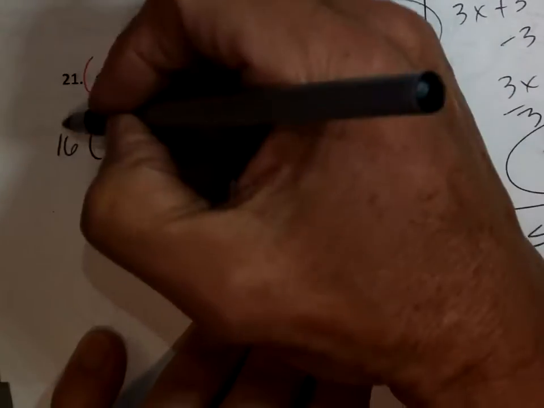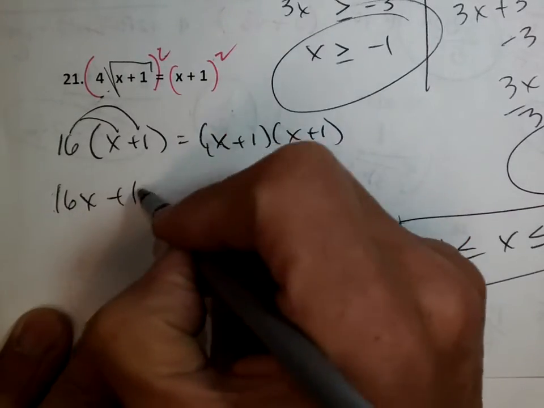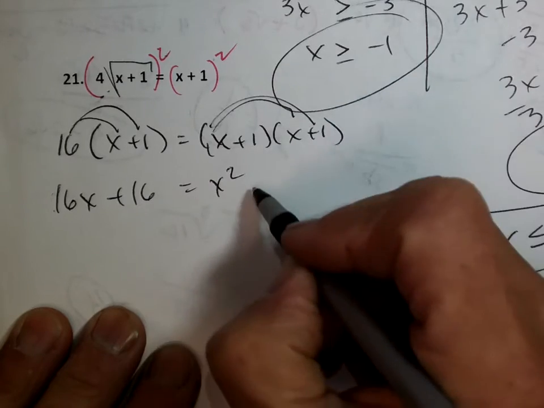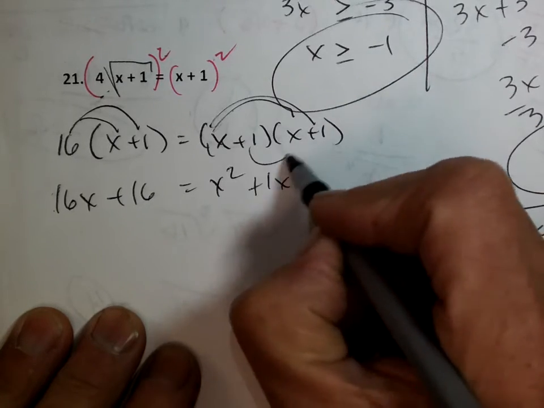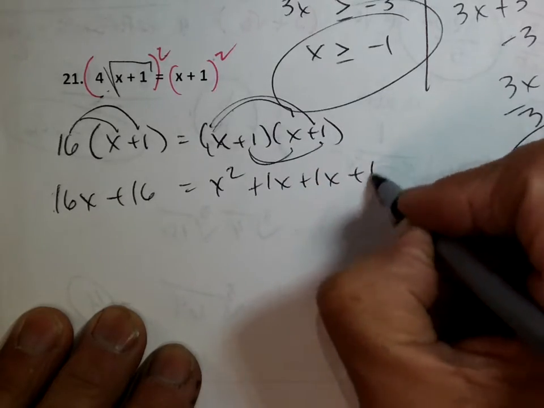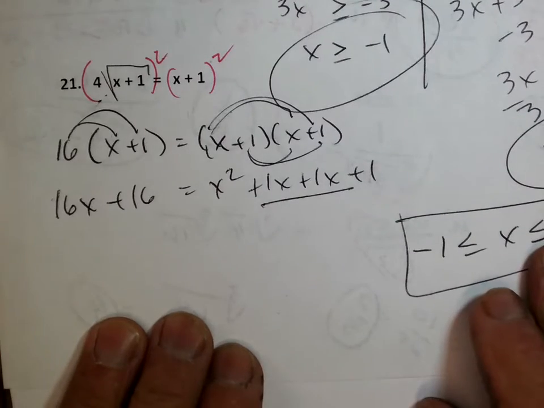I'm going to get a 16x plus a 16 equals x squared plus a 1x plus another 1x plus 1. Combine those two, right?